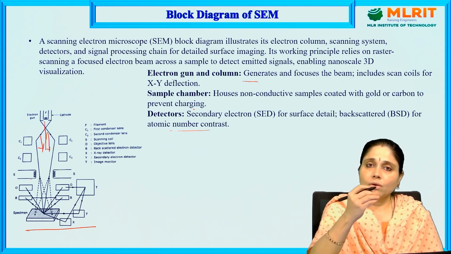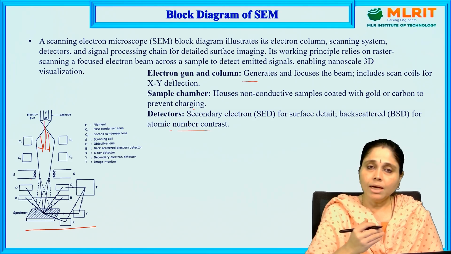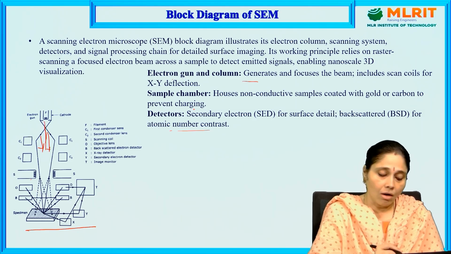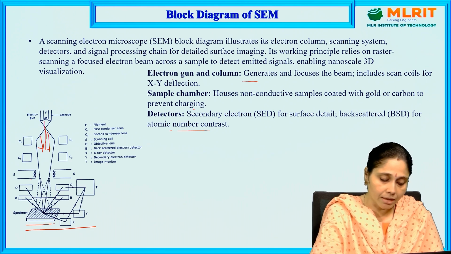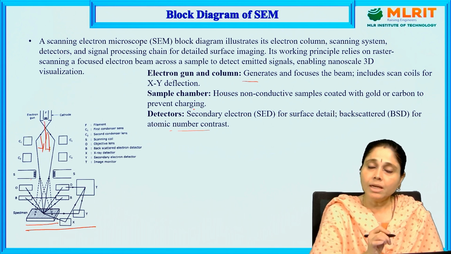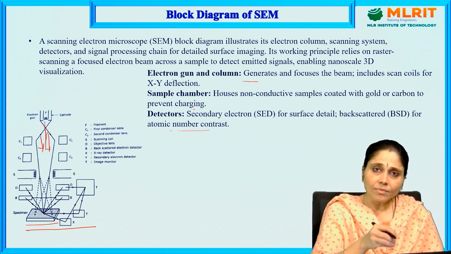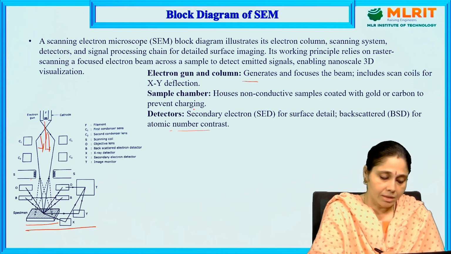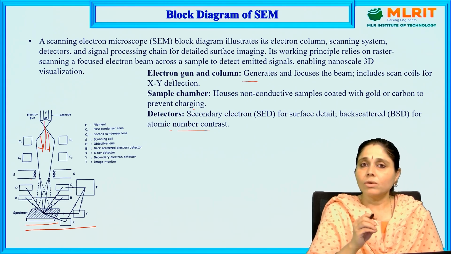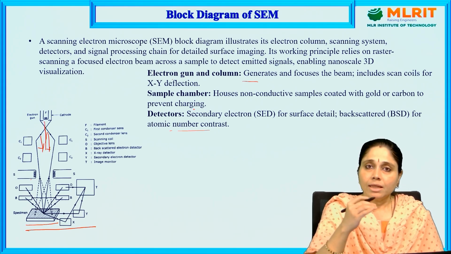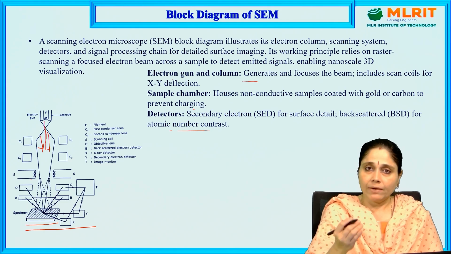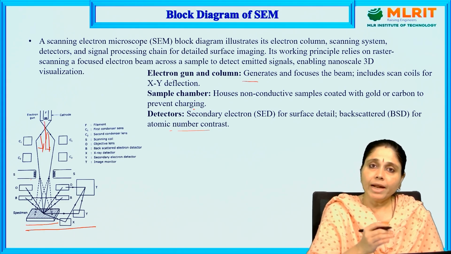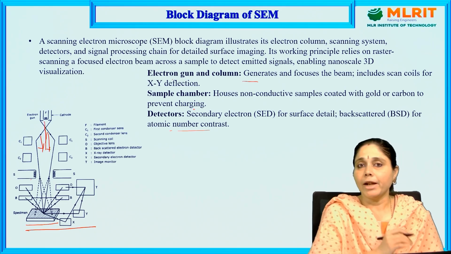Whenever the electrons are incident on the specimen, the electrons on the surface of the specimen will be activated by the incident electrons. The electrons of the specimen will be activated, and the activated electrons are the backscattered electrons.